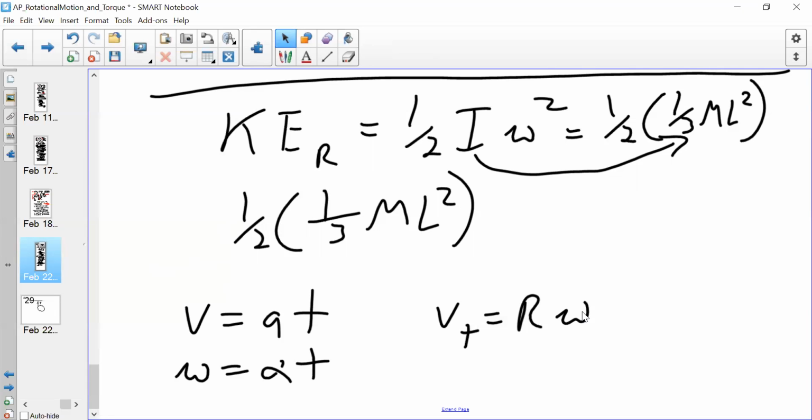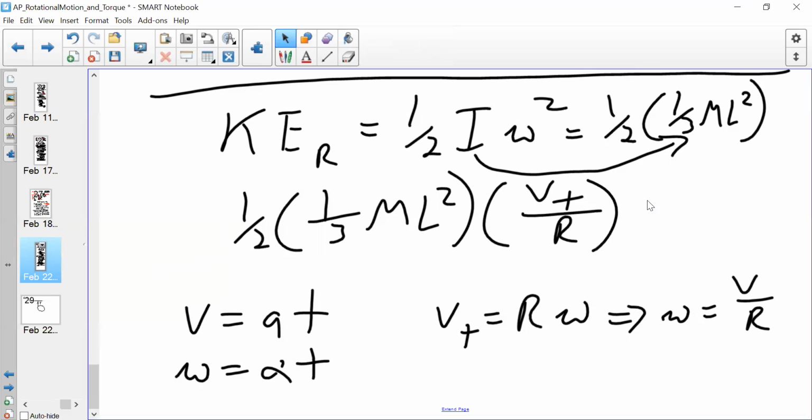And then we can make a substitution for omega. Don't be afraid to speak out, guys. Omega is V divided by R. And we substitute back in here. And so we'll have the translational speed divided by R squared because omega squared. So let's simplify that.